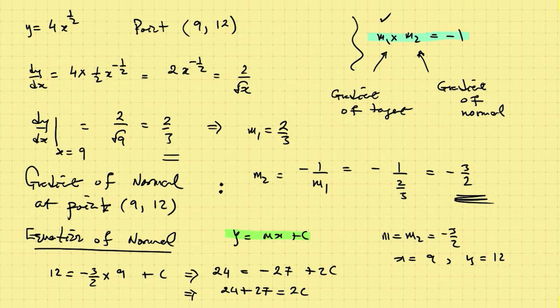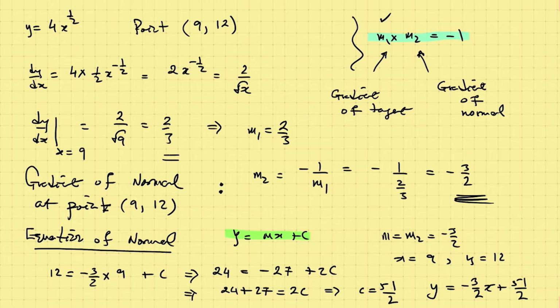What's 24 plus 27? 27 plus 4 is 31, and then 31 plus 20 is 51. So c is 51 over 2, which tells me my equation of the normal is y equals minus 3 over 2 x plus 51 over 2.